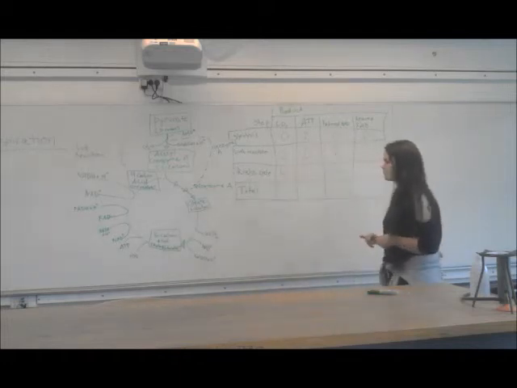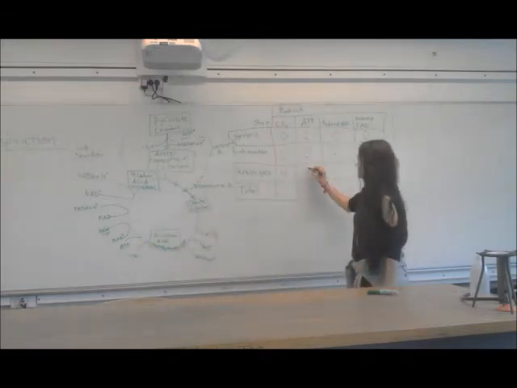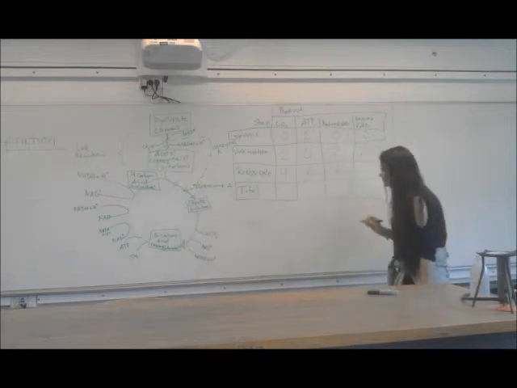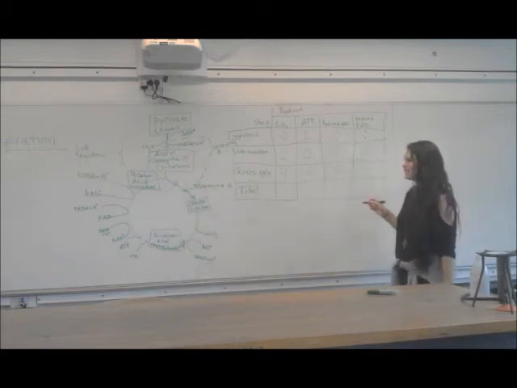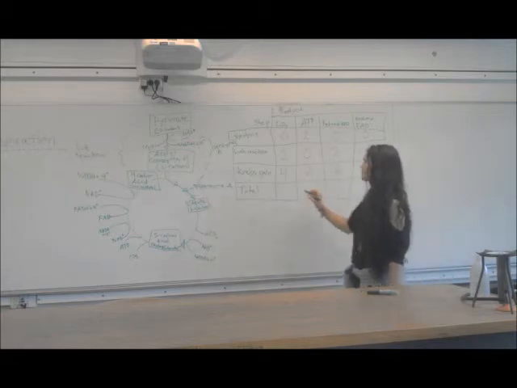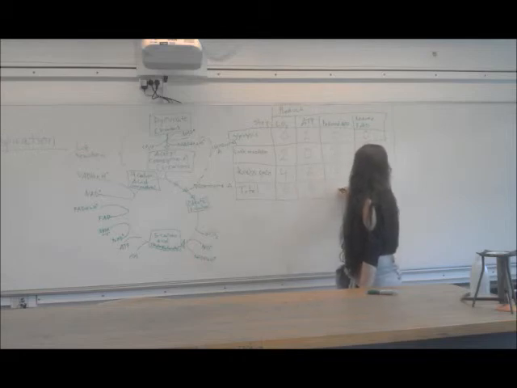We have 2 ATP. We have 6 reduced NAD. And we have 2 reduced FAD. And that leaves a total of 6 CO2, 4 ATP, 10 reduced NAD.